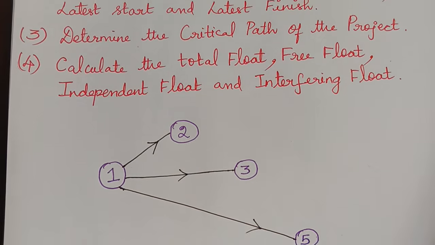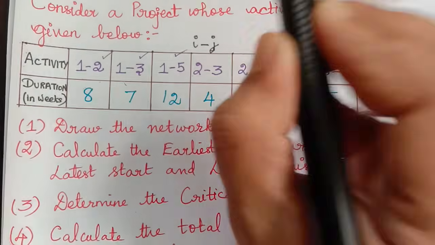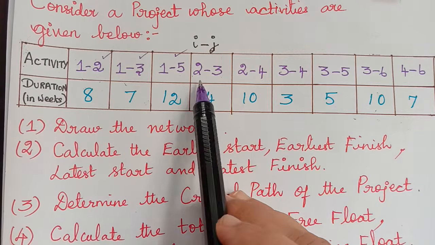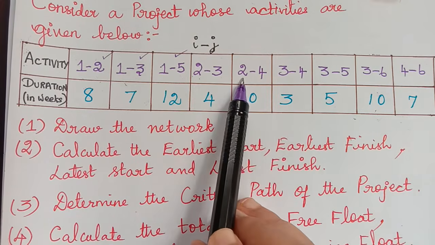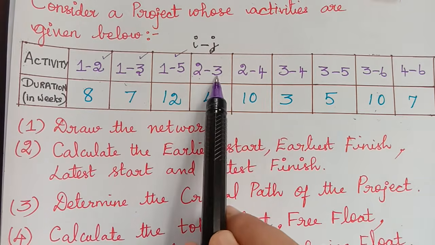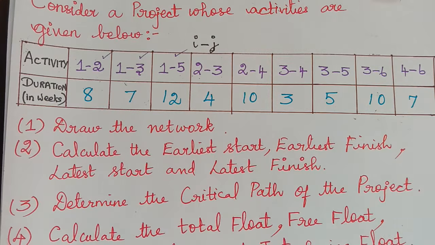So these 3 activities we have already drawn. Now we have an activity between 2 and 3 and also between 2 and 4. From 2 there are 2 activities emanating, 2 to 3 and 2 to 4.